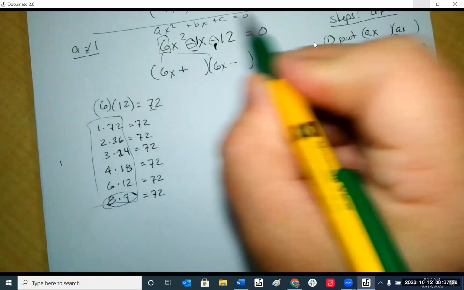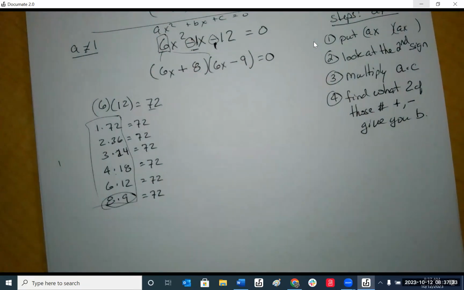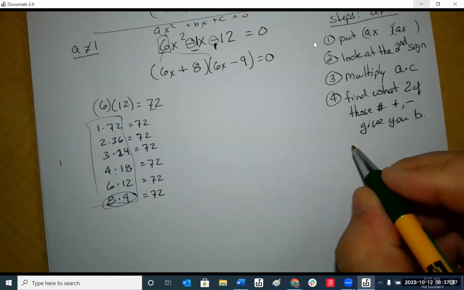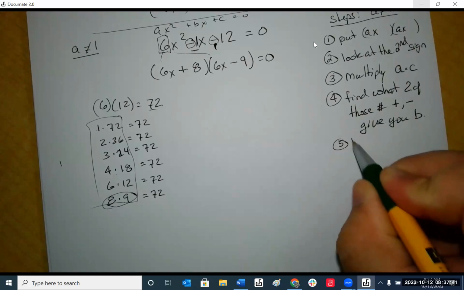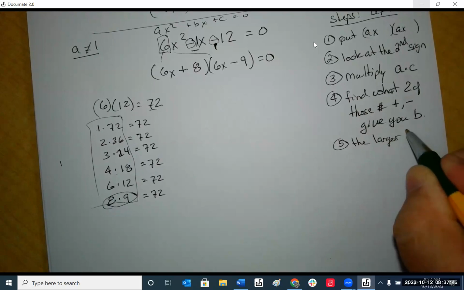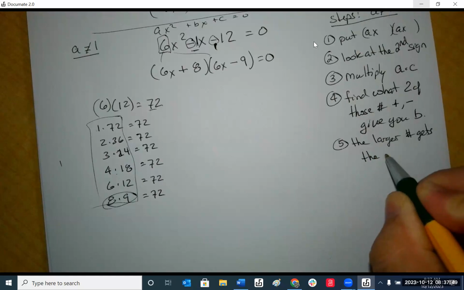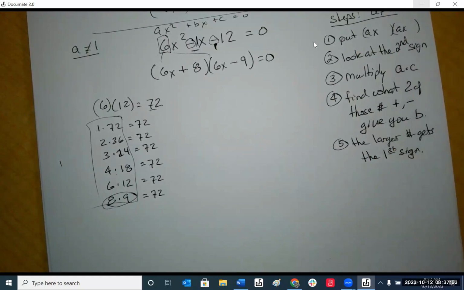The first sign is a negative, so 9 goes there, 8 goes there. The larger number gets the first sign.